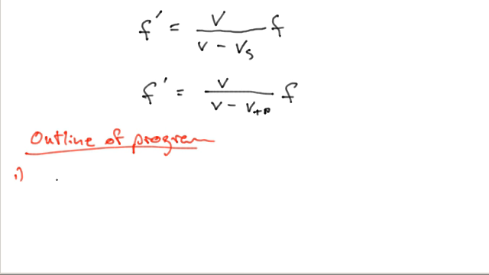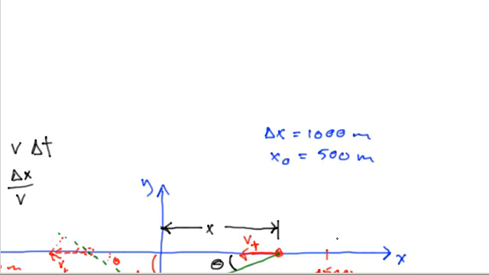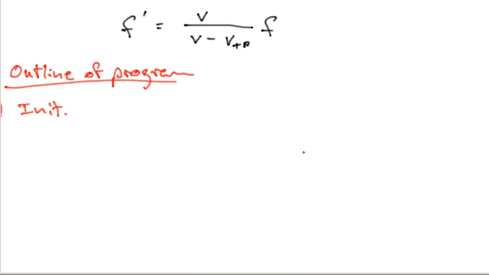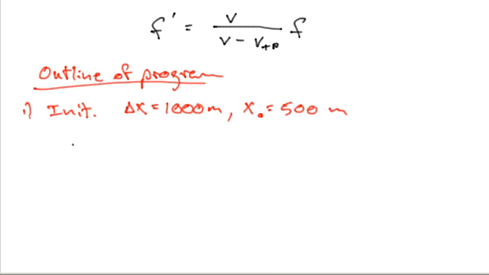Step one, initialize. All I can think of is delta x and x0. Delta x equals 1,000 meters, and x0 is equal to 500 meters. Okay, that was step 1.